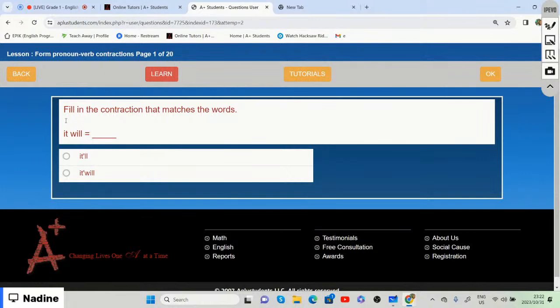So we said fill in the contraction that matches the words it will. If we choose between these two, then we can say it will be the first one.